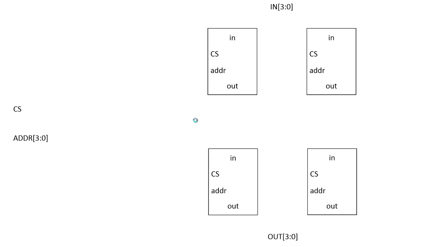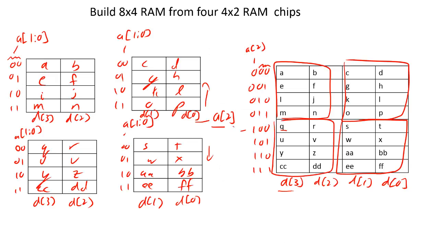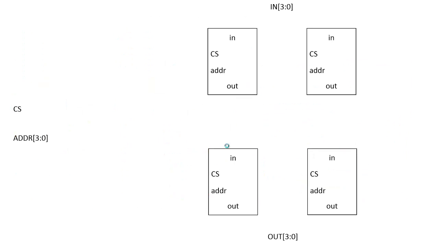So I'm going to take my address bits here, and first let's take care of address bit 2. I want this to select between the top or the bottom. This is when address bit 2 is 0, and this is when address bit 2 is 1. The way I can do that rather easily is with a decoder with enable.